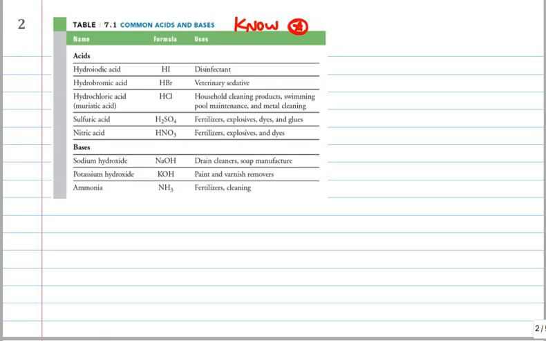I will make special note of the nitric acid. It says it's used to make fertilizers and explosives and dyes. Well, nitric acid can be used to make ammonium nitrate. And it turns out that this can be a fertilizer, but it also is highly explosive.